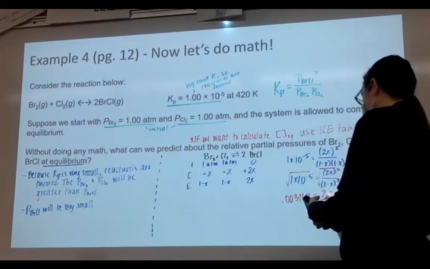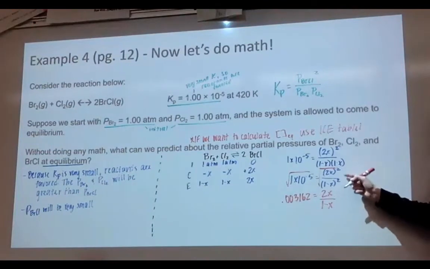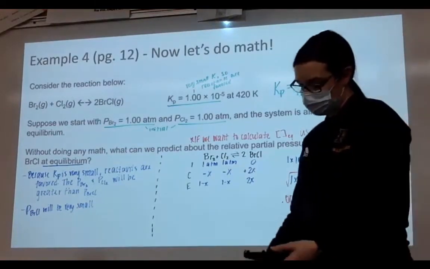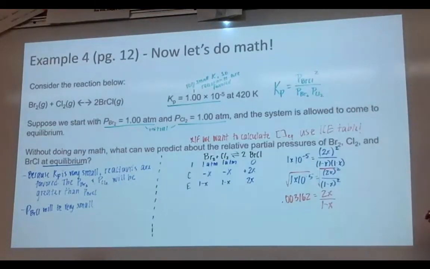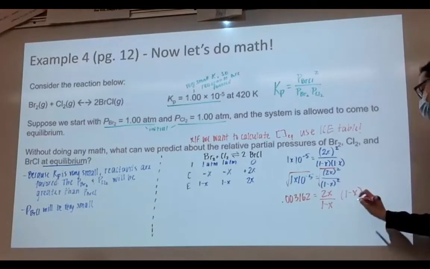Then it's 2x over 1 minus x. I took the square root, so that got rid of both of the squares, and now it turns into algebra. So now let's do an algebra problem. My goal is to solve for x. I'm going to multiply both sides by 1 minus x.